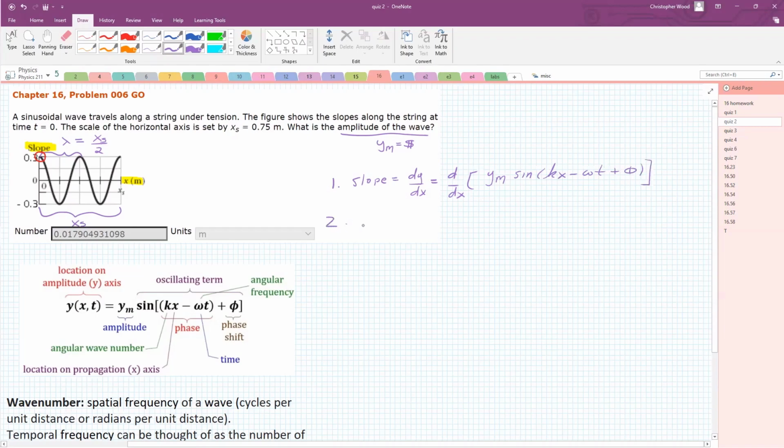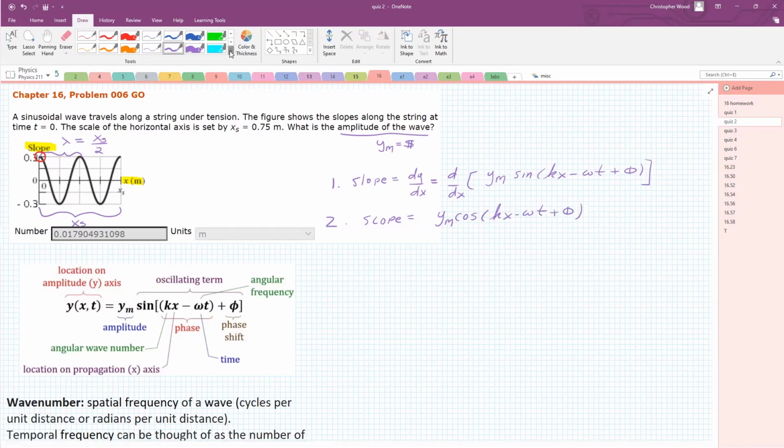I know how to take the derivative of that. The slope equals the derivative of sine, which is cosine. So sine becomes cosine. This constant remains unchanged. It's the same argument, kx minus omega t plus phi.